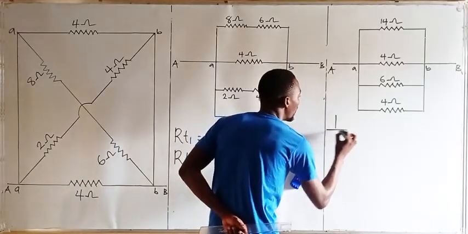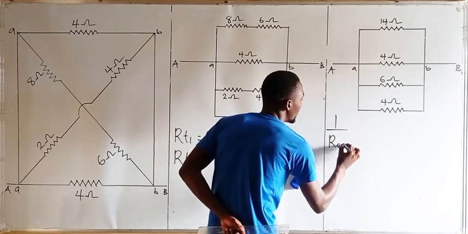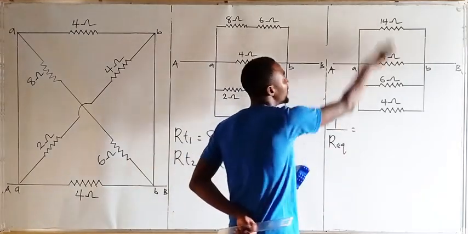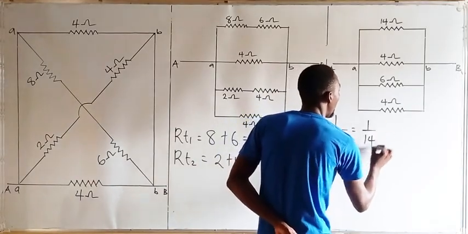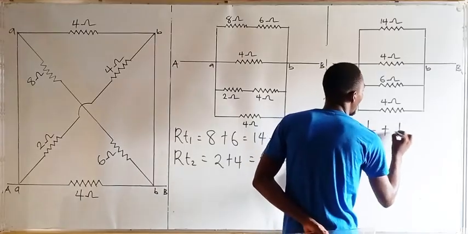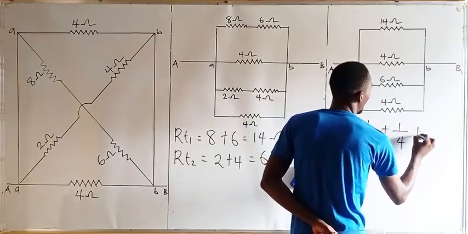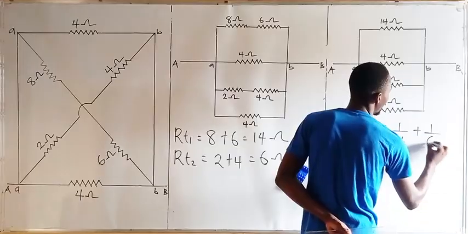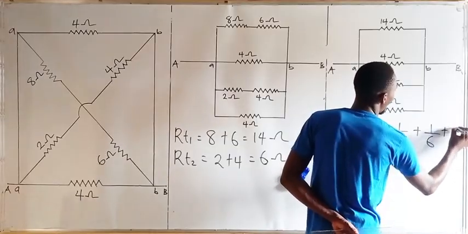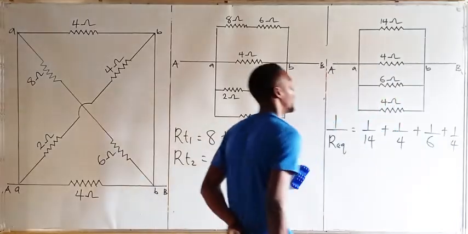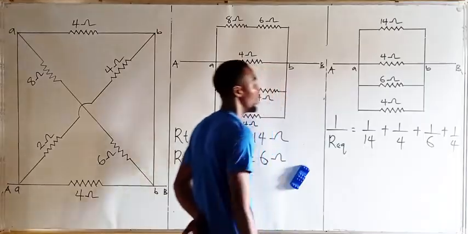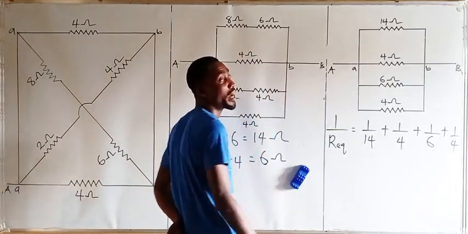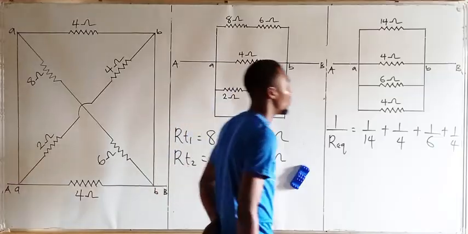We can therefore calculate our equivalent resistance now. 1 over R equivalent equals, everything is parallel, 1 over 14 plus 1 over 4 plus 1 over 6 plus 1 over 4. If you press this directly in your calculator, you get 31 over 42.